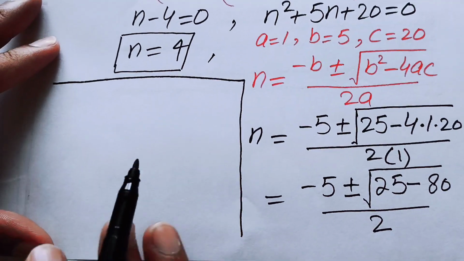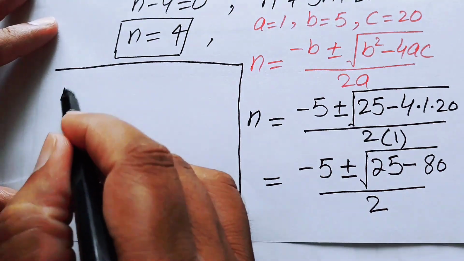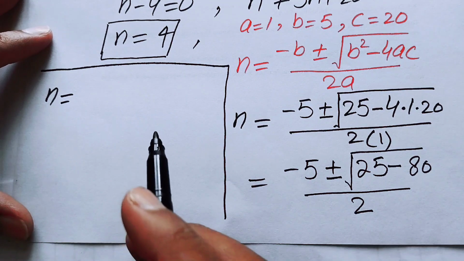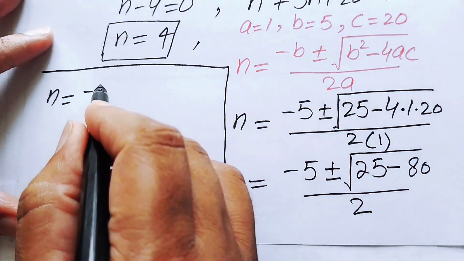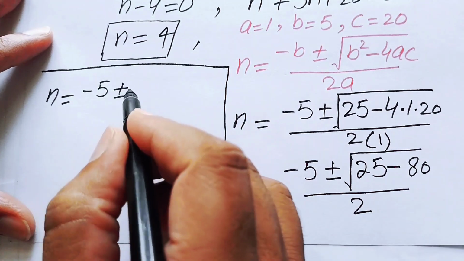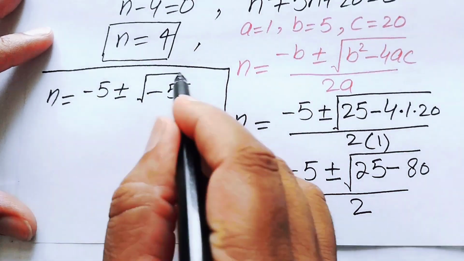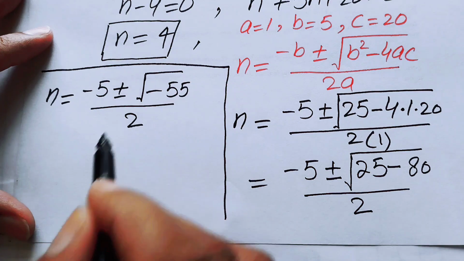And now in the next step we can write 25 minus 80, and it becomes minus 5 plus minus square root of minus 55 over 2.